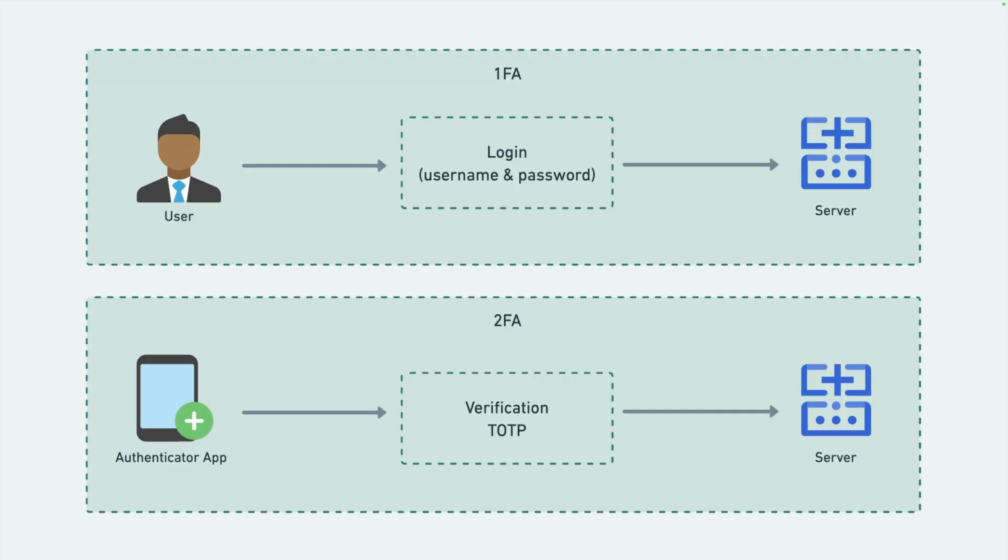Then let's understand how this multi-factor authentication looks like. Here you will see that we have our user, who is going to log in using the username and the password. When the username and the password match, that will be the first factor authentication. Once they match, we will need another authentication, which will be the second factor authentication, or MFA, multi-factor authentication, that will have an authenticator app on the user's device.